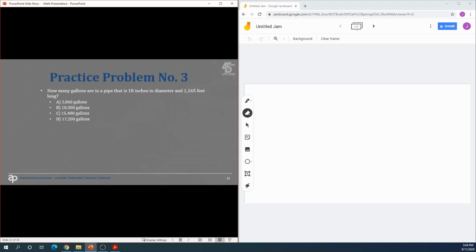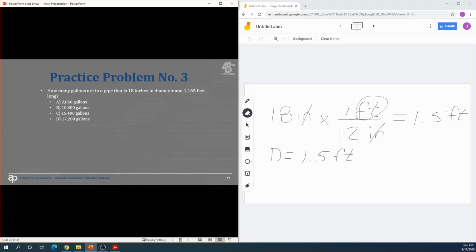So we have 18 inches times, in 12 inches, there's 1 foot. So 18 divided by 12 is going to equal 1.5 feet. Again, we have inches cancel inches, and we're left with feet. So our diameter is equal to 1.5 feet.